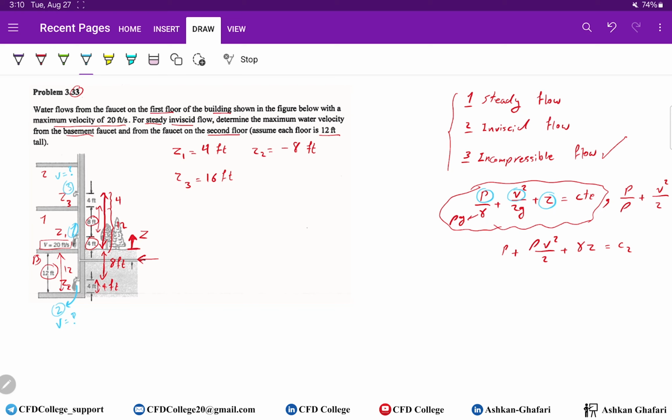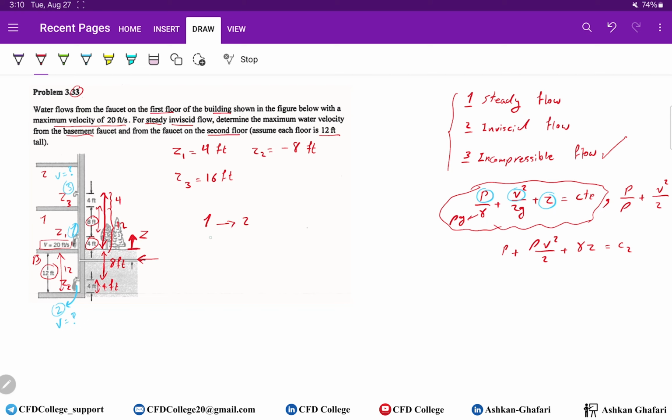So we should select 2 points, and between them we can use the Bernoulli equation. At point 1, we know everything. So we start from point 1 and go towards point 2.